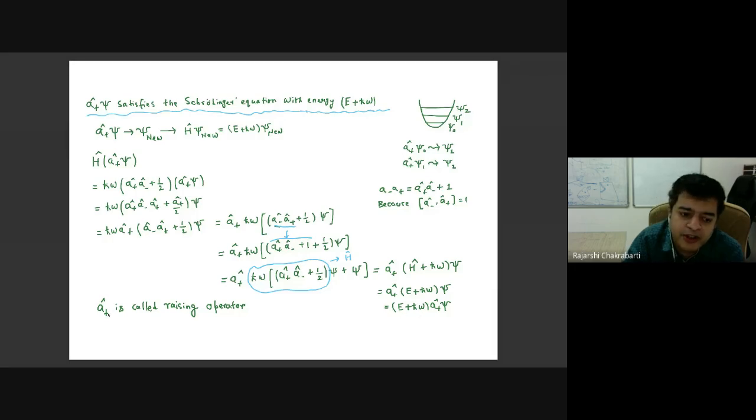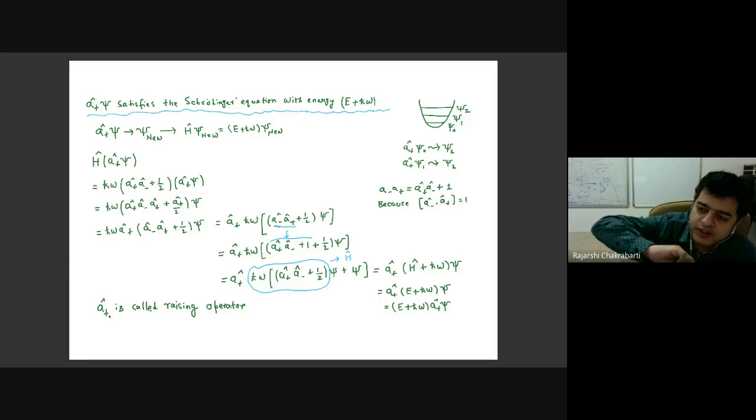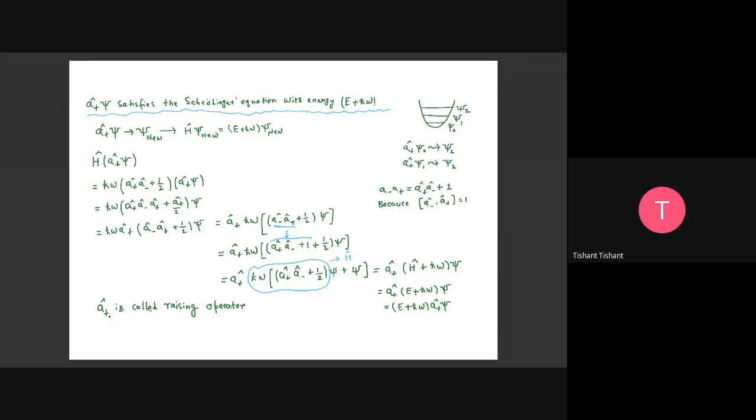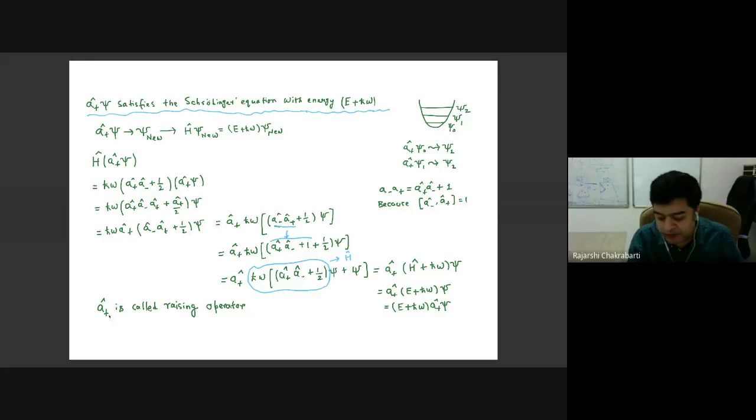So the effect of this A dagger is to transform the wave function to a new wave function which has eigenvalue E plus h cross omega. So it raises the state. That's why it is called the raising operator. Hope this is clear to all of you. If you want to know more about it, please read the book by Griffiths.